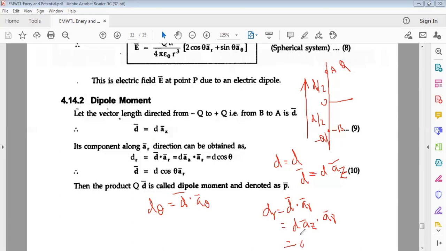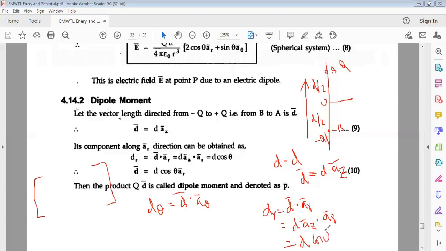That is equal to d into, according to the vector transformation, az bar dot ar bar is cos theta. In the vector transformation we have the matrix form, with sin theta cos phi and so on. The d is the magnitude here, and az bar dot ar bar, by using that vector transformation, is equal to cos theta.